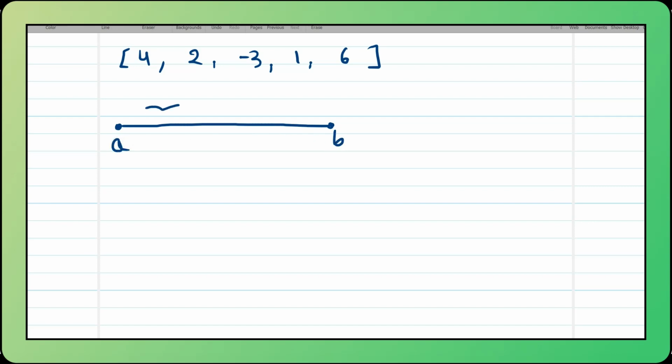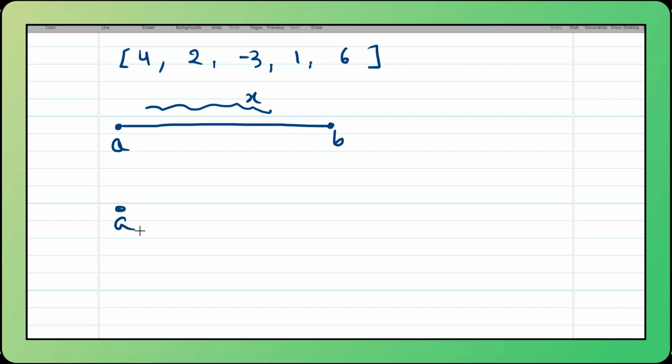If we have an array something like this, 4, 2, -3, 1, 6. Okay, let's take an example of one thing. I have A and B, whose sum is X, assume.